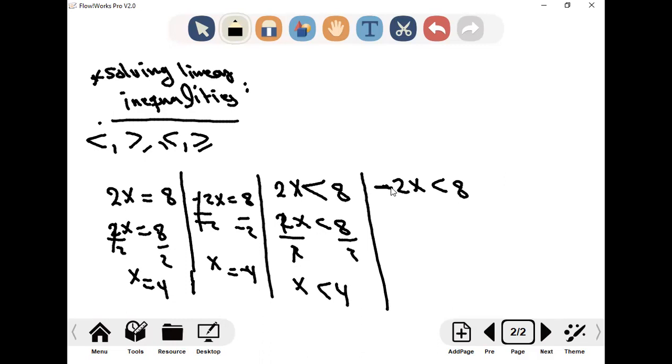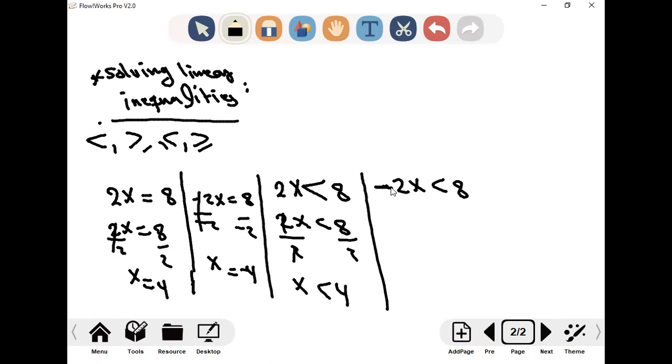If it's less than, it will become more than; if it's more than, it will become less than, and so on. Again, if you divide or multiply, not add or subtract, both sides of the inequality by a negative number, you switch the inequality sign. Got it?